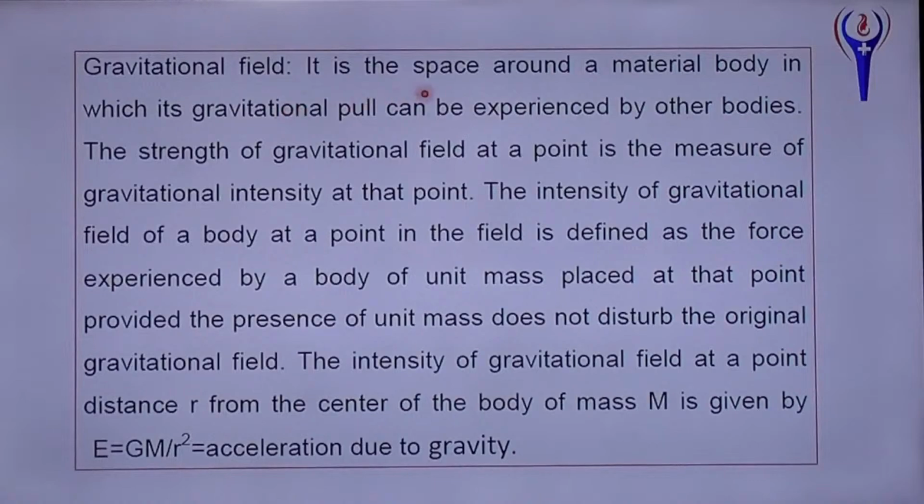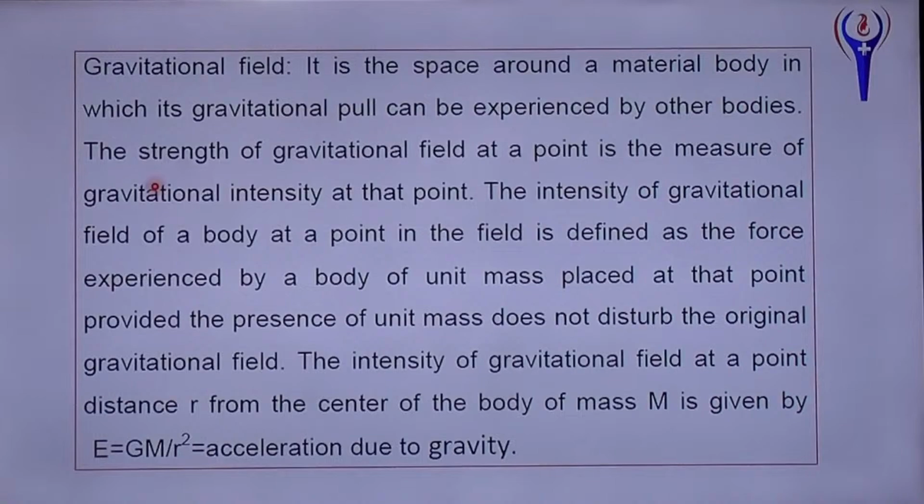Gravitational field is a space around a material body in which its gravitational pull can be experienced by other bodies. Note down this formula: E equal to GM by r square, which is equal to acceleration due to gravity. It's just like electric field.